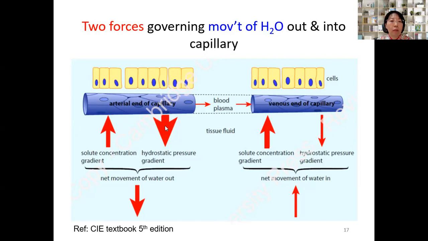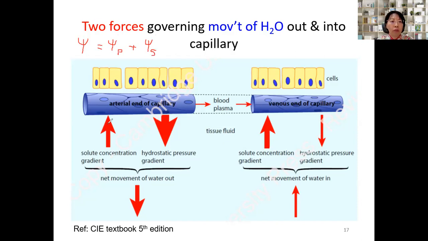The two forces are represented by these two arrows here, which I actually use symbols for so that you can remember better, which is psi equals psi P plus psi S. In this case, it's better to write psi P first.